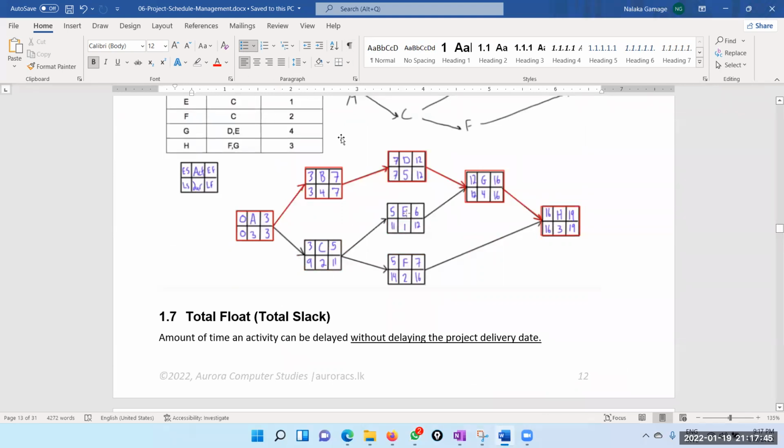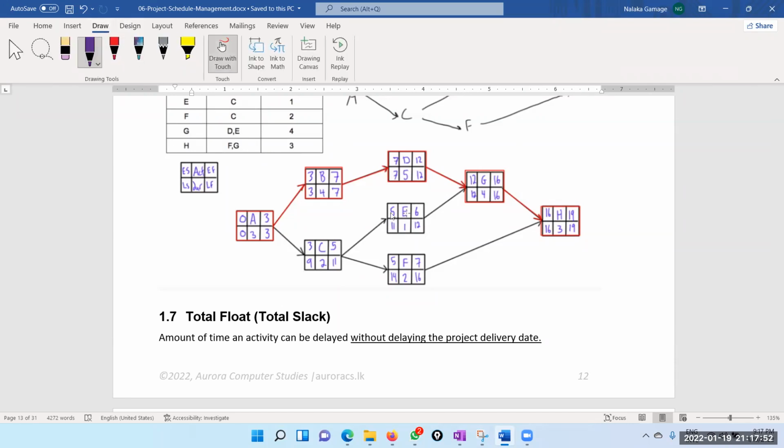Now this one, I think this one is correct. This one is applicable. Okay. Right. So this is the critical path. Okay, this is the critical path. Now here the total slack is 3 minus 9, 6. Right. Total slack is 6 days. That means I can delay this by 6 days without affecting the project delivery deadline.